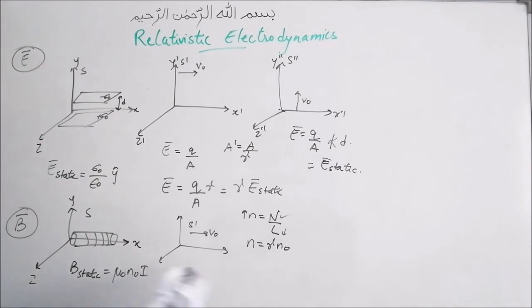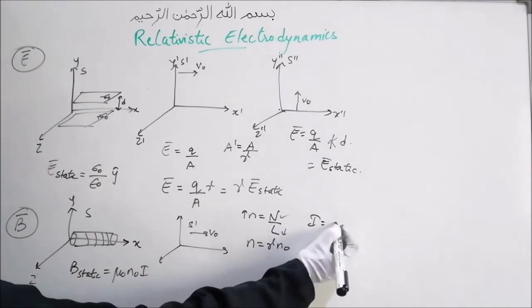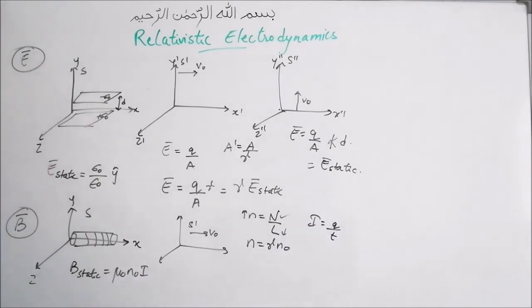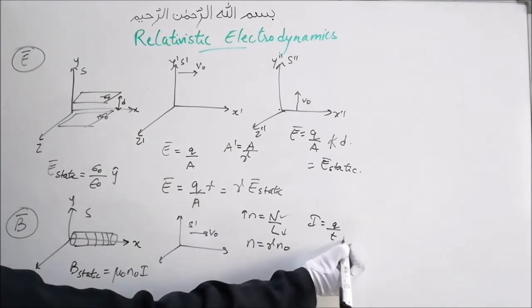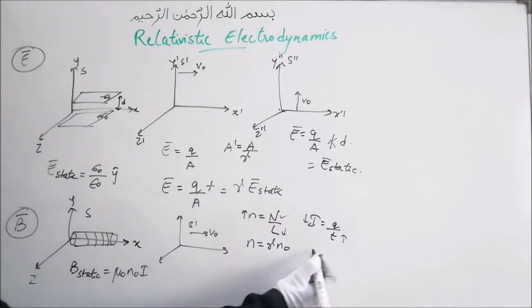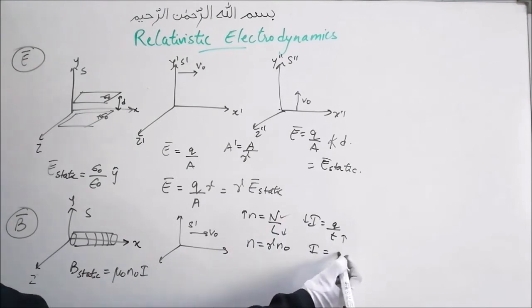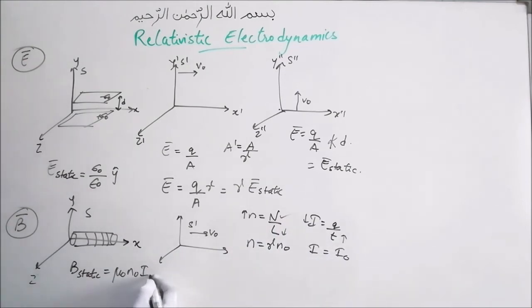Also the current is Q by T, right? We also know time dilates, that is, time slows down. Slowing down means time increases, so current decreases. Therefore I will be equal to I naught divided by gamma.